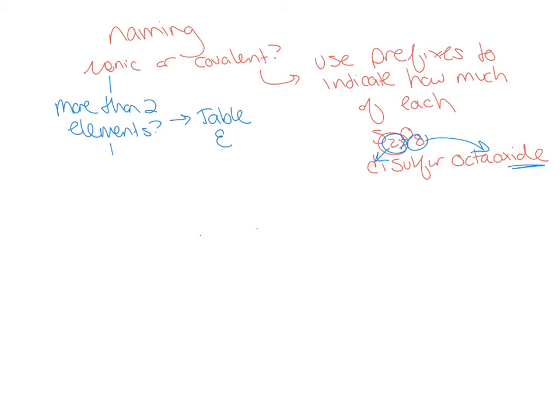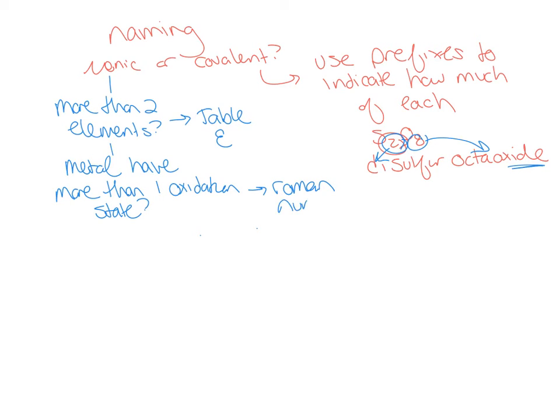The next thing you check for is does the metal or the positive one, first one, okay, have more than one oxidation state? If so, you need a Roman numeral. The Roman numeral has to indicate what the oxidation state of the metal is.